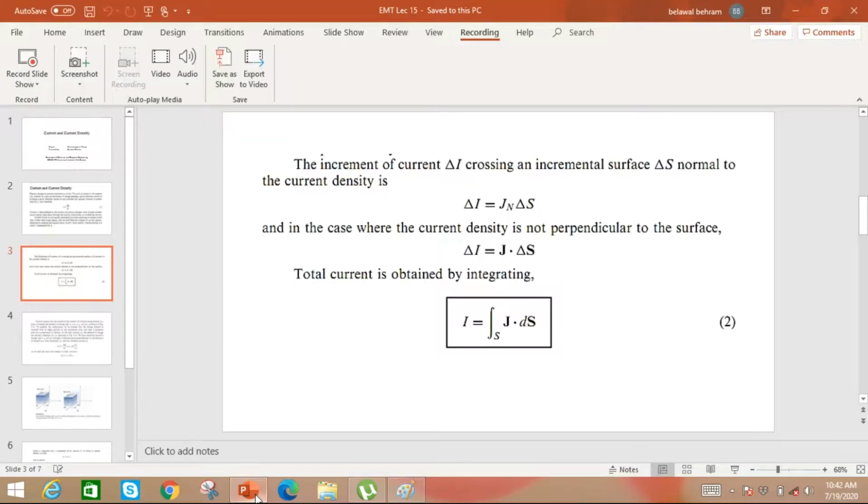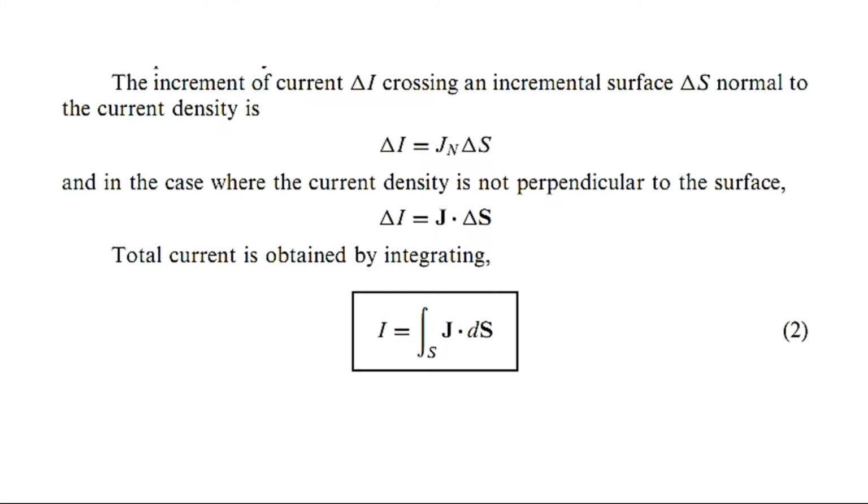So here it is shown that the increment of current del I crossing an incremental surface del S normal to the current density is del I is equal to Jn del S. In the case where the current density is not perpendicular to the surface, it means that if there is an angle theta between the normal of the area and the motion of charges, then del I will be equal to J dot del S, and the total current is obtained by integrating this equation.